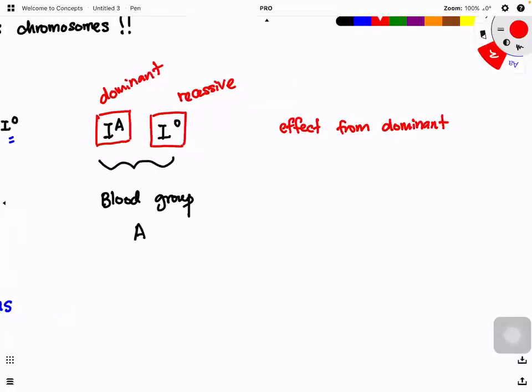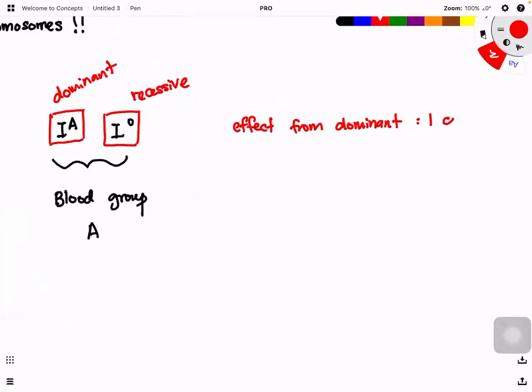At least one copy is enough already. But if you want to see the effect from the recessive allele, then no choice, you must have two copies of the recessive allele, then only you can see the effect.